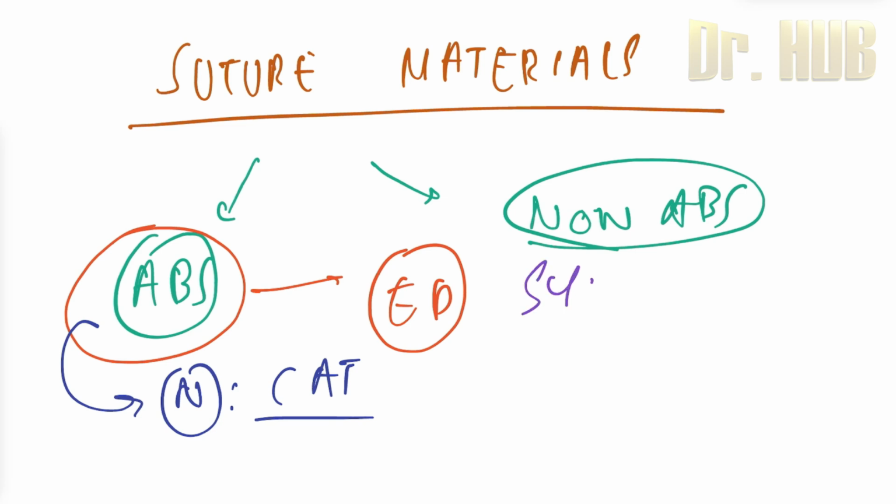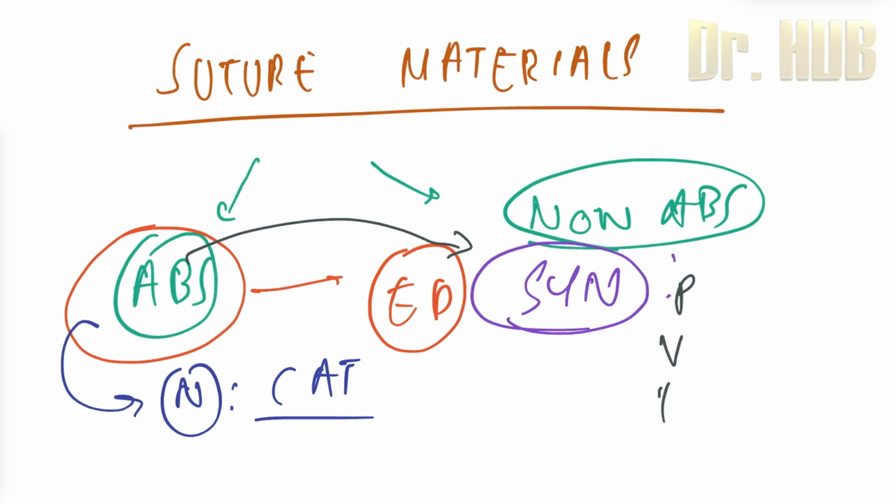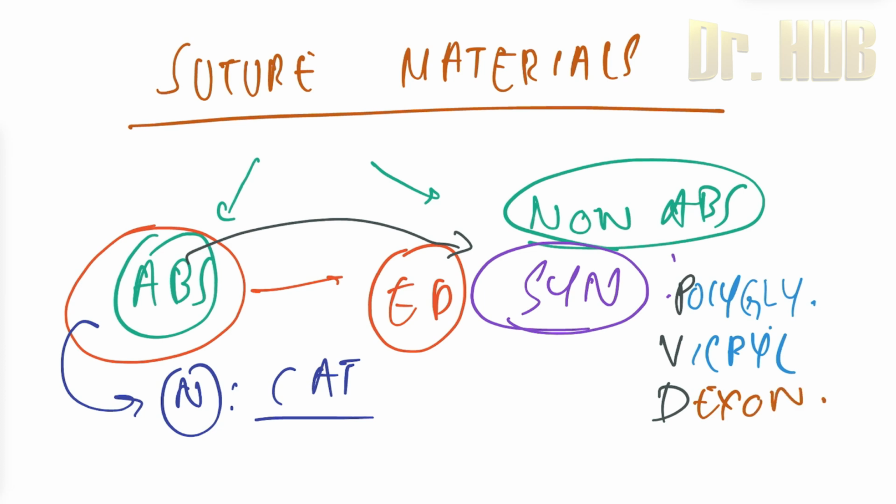So what are the synthetic absorbable sutures? The synthetic absorbable sutures include the mnemonic PVD. P is for polyglycaprone, and V is for Vicryl, and then D is for Dexon. So polyglycaprone, that is Monocryl, then there is polydioxanone.